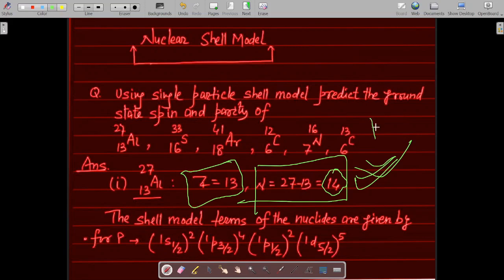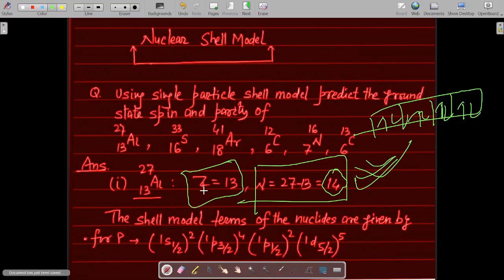So the 14 neutrons are there, so they will pair up like this. All of them will pair up like this because of being an even number. And Z equal to 13, that is, the number of protons is odd. So as the number of protons is odd, what will happen?